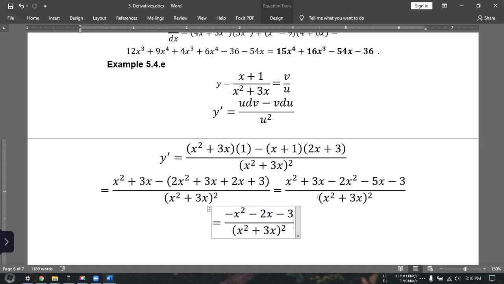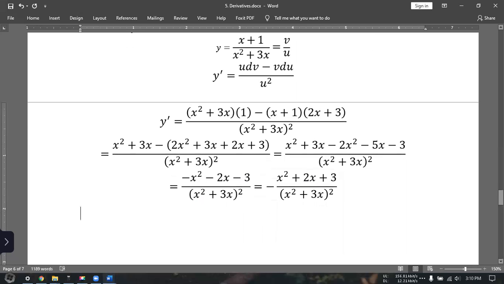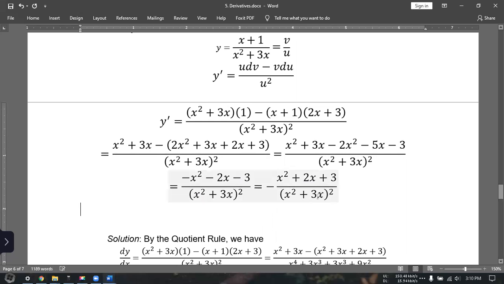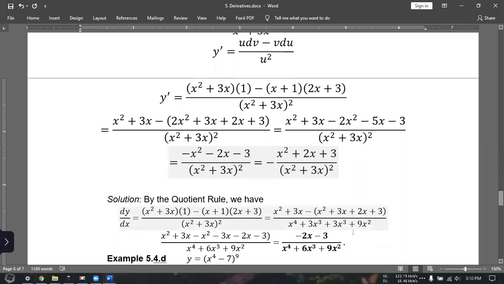But if you want to factor out the negative sign, then we factor out the negative. Okay. And then, I think there is a mistake in the solution. Let's find where it went wrong. We have here negative 2x minus 3. Why did the negative x squared disappear?